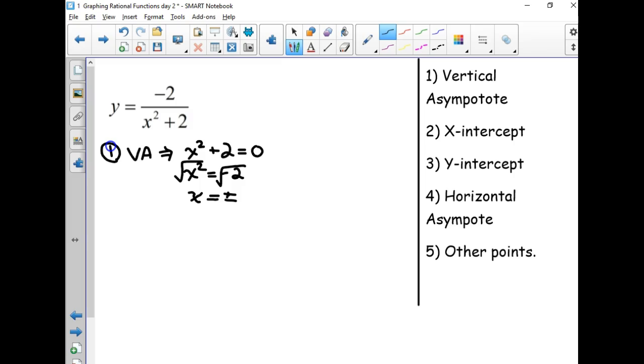And what do you notice? I get an i. Very good. I have an imaginary number. Can I graph a vertical asymptote on the xy axis that's imaginary? No. Okay, so we're going to say because it is i times the square root of 2, there is no vertical asymptote.